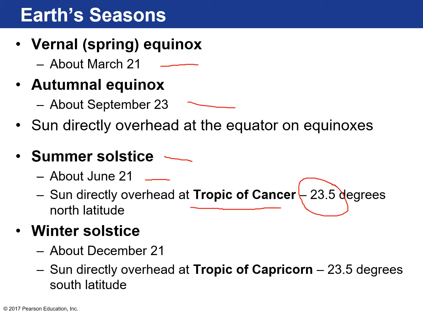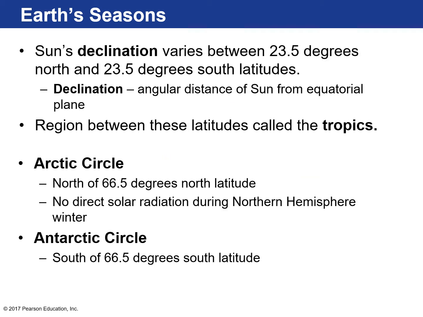And then there's the winter solstice, the shortest day of the year in the northern hemisphere, and that's when the sun is directly over the Tropic of Capricorn in the southern hemisphere, 23.5 degrees. That's the reason why we have seasons on Earth: we're tilted 23.5 degrees away from the sun and towards the sun, depending on where we are in our orbit.